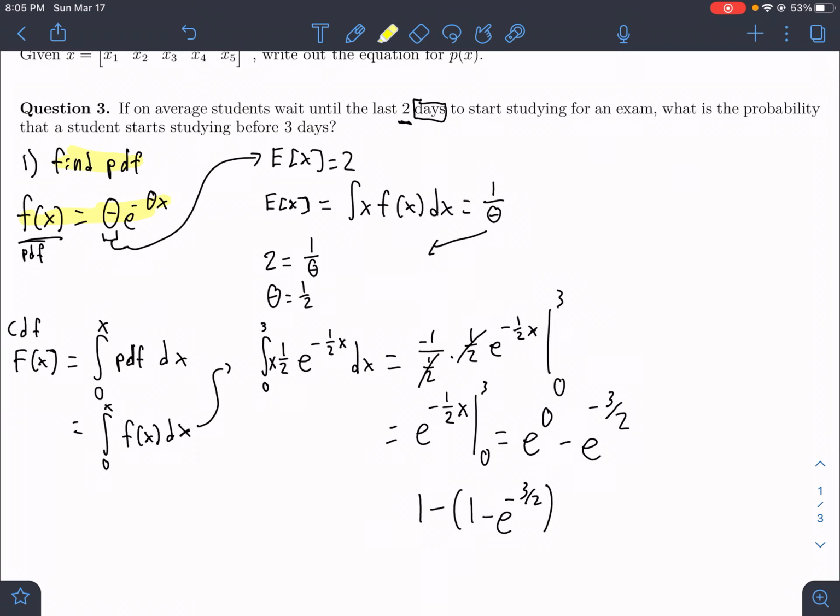So in this case, we found theta here. After that, we realized that we needed to use the CDF to get our actual answer. So we used the CDF here, and we solved for our final answer here. All right, good luck on your studying.